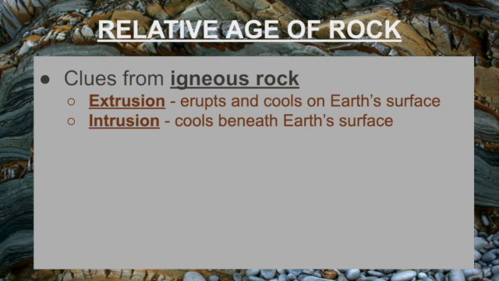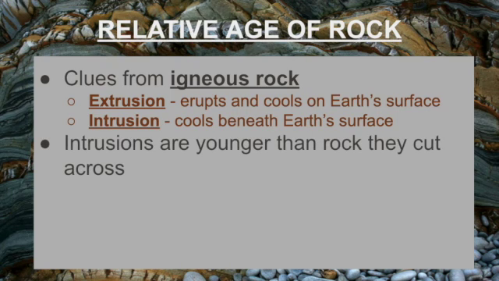Again, this melted rock would somehow find a path to kind of cut through some of the layers of the sedimentary rock and melt it and then cool and harden, and now you have new igneous rock in there as well. So just like faults and bends, any type of intrusion or extrusion is going to be younger than the rock that it cuts across.